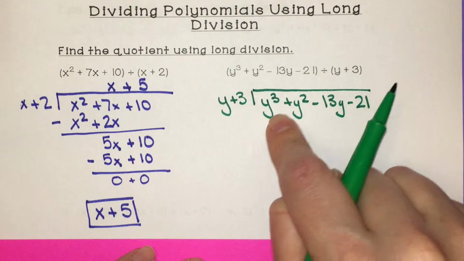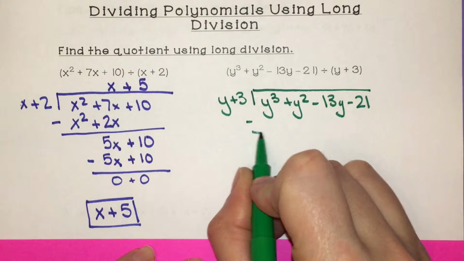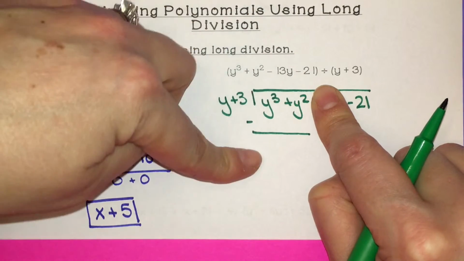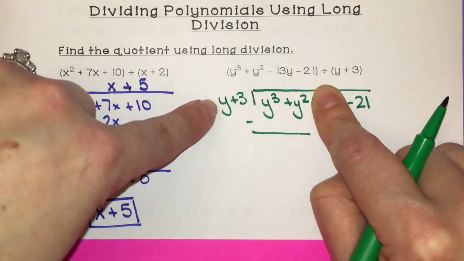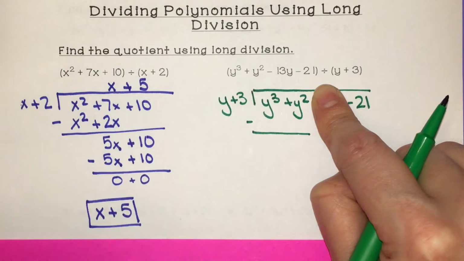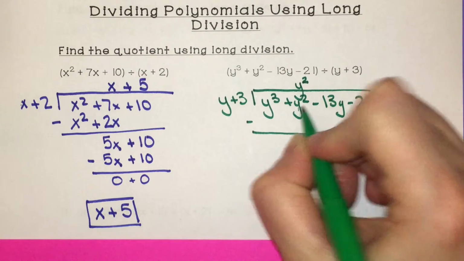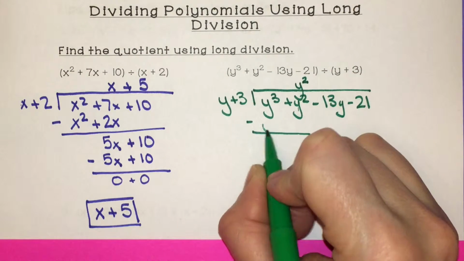Well, I want to get rid of y cubed. Since I have to subtract off whatever I multiply by, I would get 0. So I want this to be y cubed. So I have to ask myself, what times y gives me y cubed? Well, y squared. So that's what I'm going to put right above that second term. Y squared times y is y cubed.